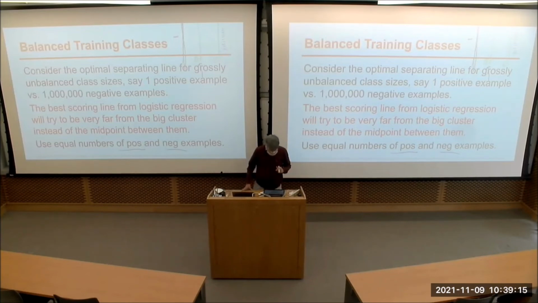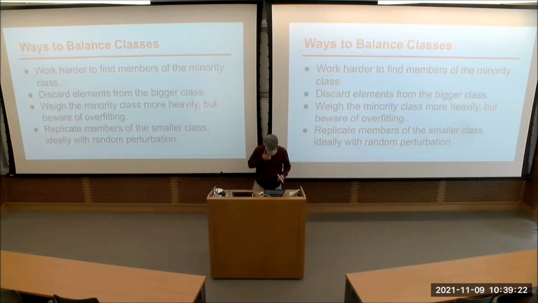Any questions? So our dream is that if we're doing this classification, we want our sets to be balanced. So if you have a classification problem and you've got a majority class with a number of elements much larger than the minority class, how can you balance it?